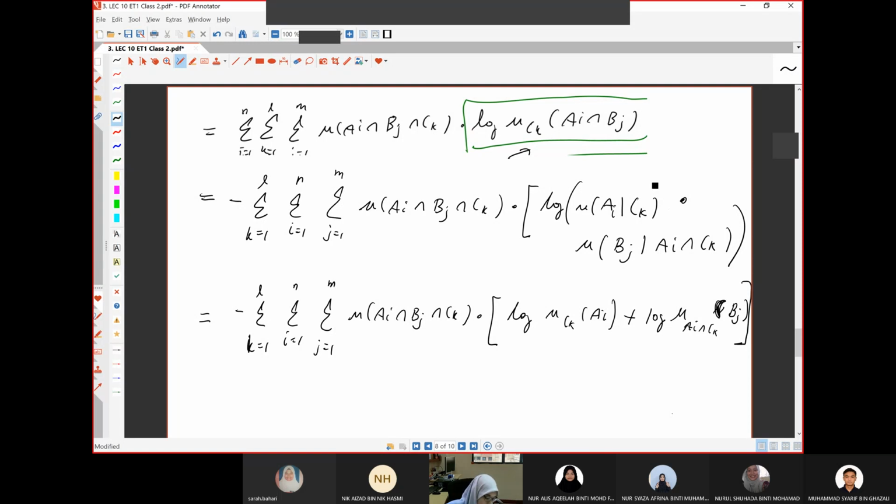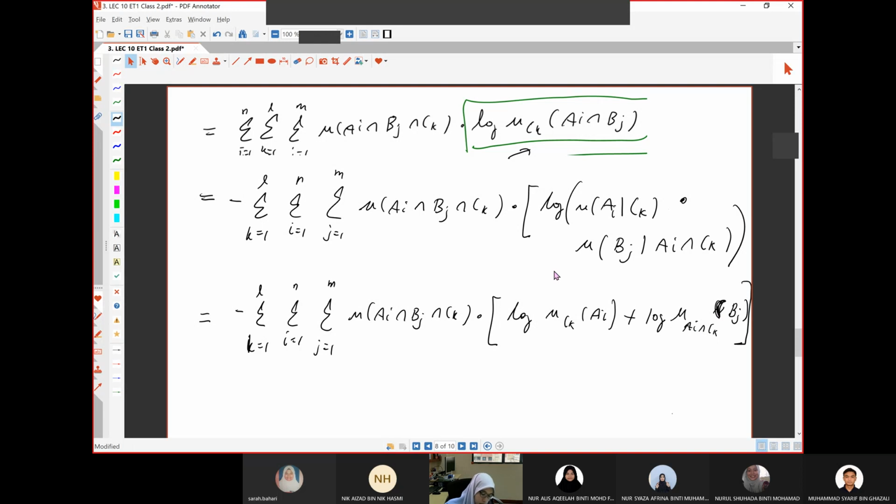So for this part, for conditional measure, we can rewrite this conditional measure in terms of this, mu CK of AI. And then since this is a log, we use the log property, multiplication becomes plus. So log mu CK AI plus log mu AI intersect CK of BJ.